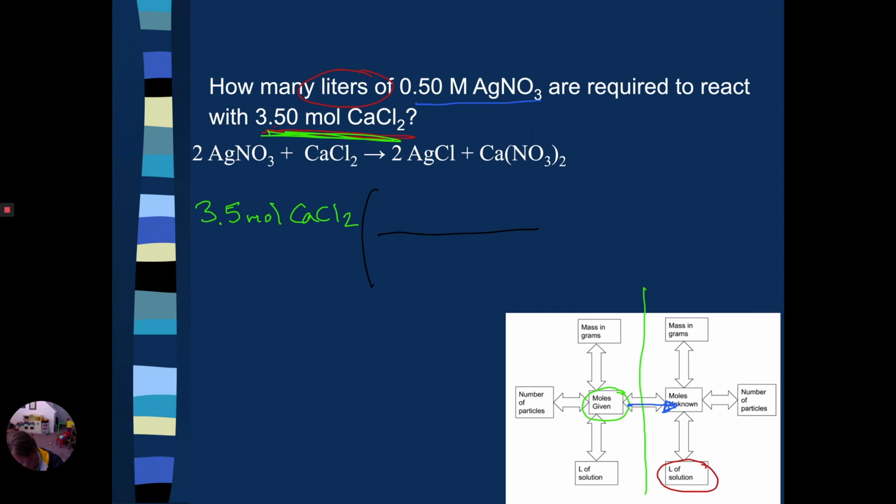Notice the bottom pattern still continues, so it's moles of calcium chloride, and then the thing I'm trying to go to is moles of my new thing. The thing I'm trying to get to is silver nitrate, so it's moles of silver nitrate. I'm going to keep building and then we can come back for our relationships.